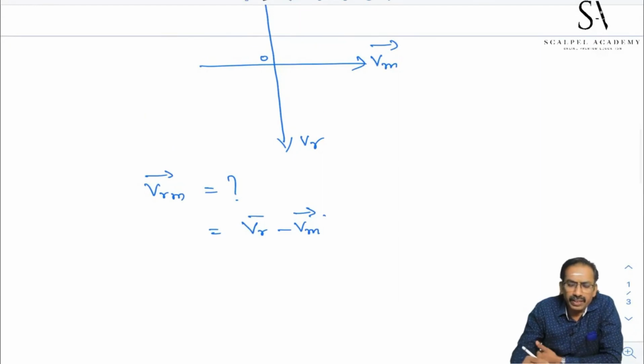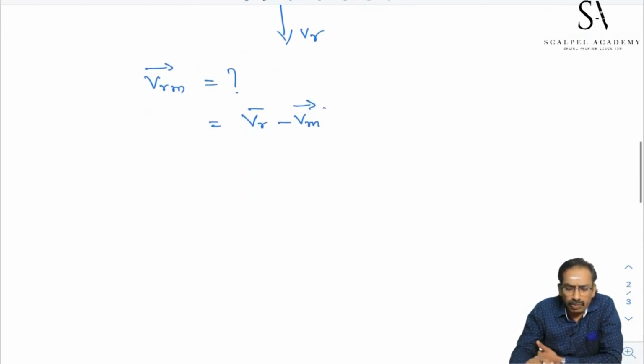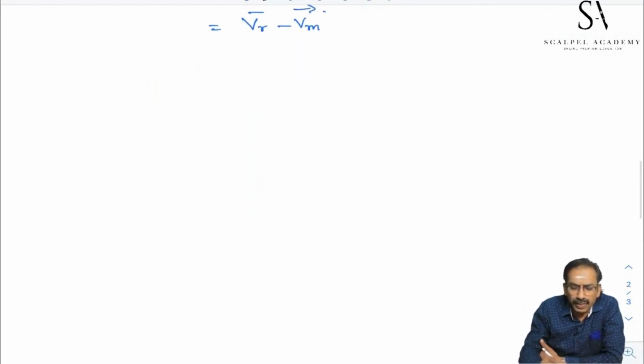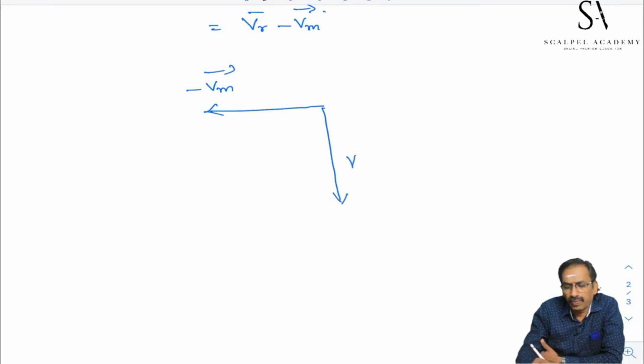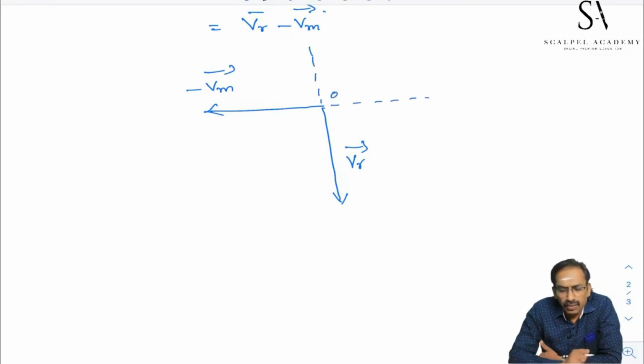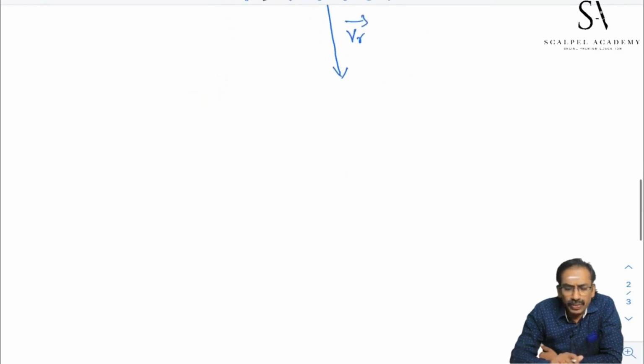This is Vm vector. I draw one more diagram, minus Vm. This is minus Vm. This is Vr vector. So, this is the origin. We have to add minus Vm with the Vr. Then what to do?